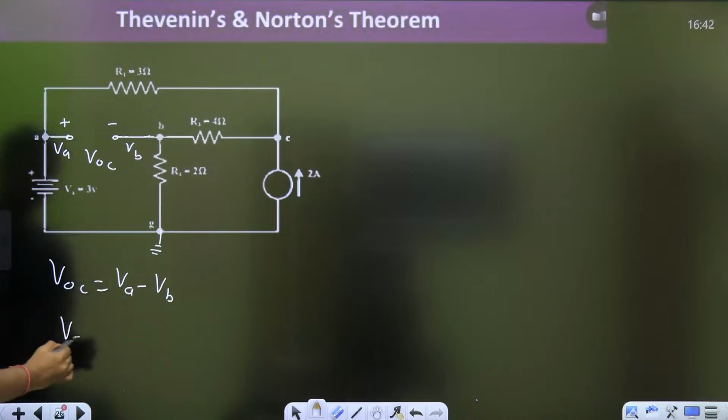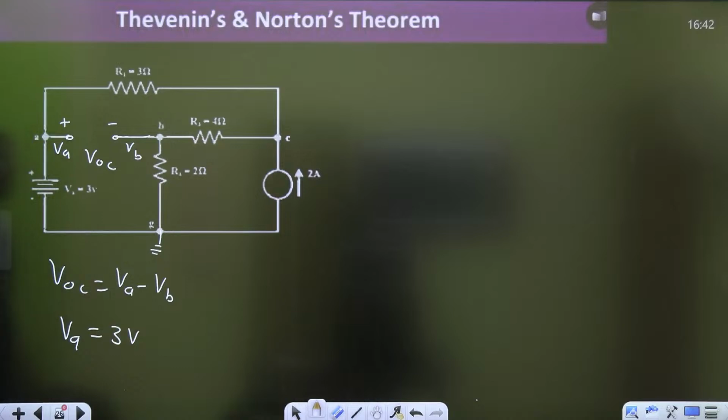And what is the VA? 3 volt. You have to find the VB. How can you find the VB? Tell me, guys, quickly. How are you going to find the VB? Think a little, how will you do it.